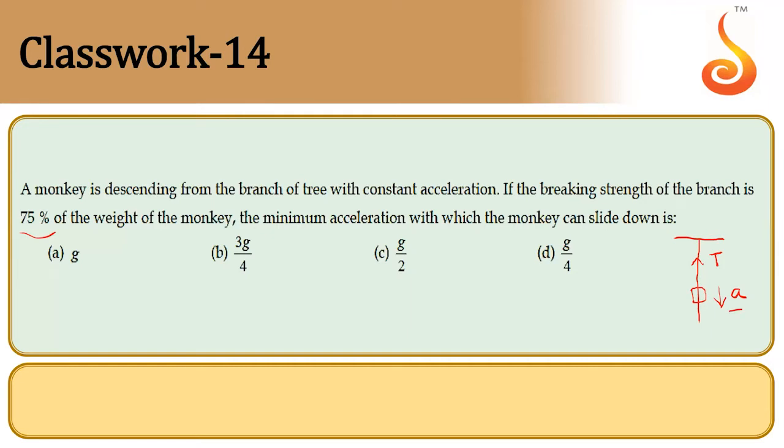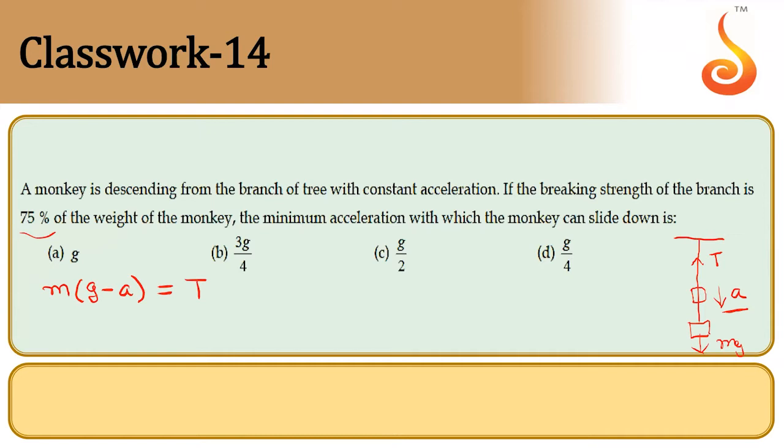When the monkey is moving down with acceleration A, its apparent weight will be m into g minus a, correct? So the apparent weight should balance the tension. If it is stagnant here, then T is equal to mg, but it is sliding down. So when it is moving down, its weight will be less than the actual weight, right?